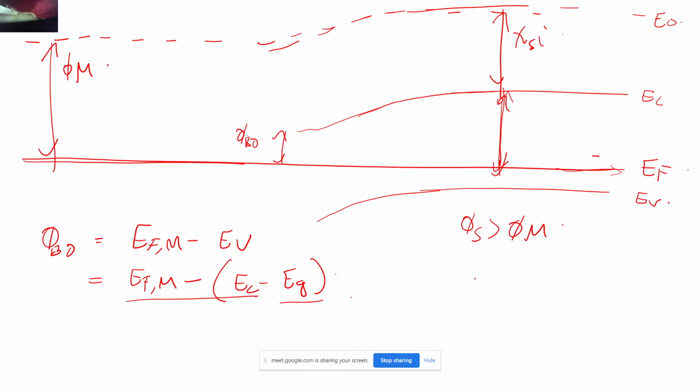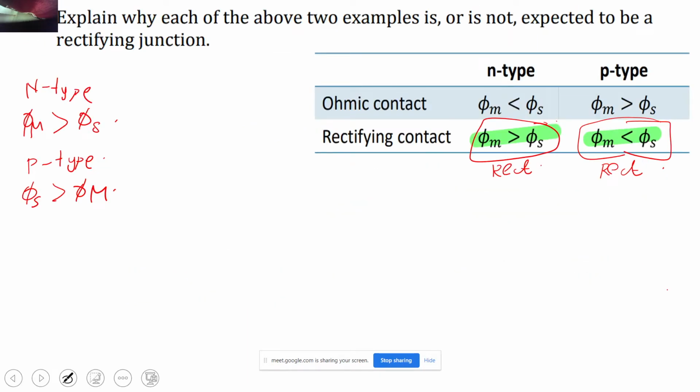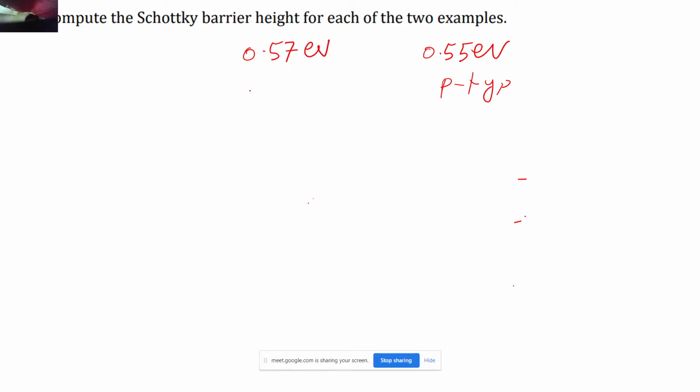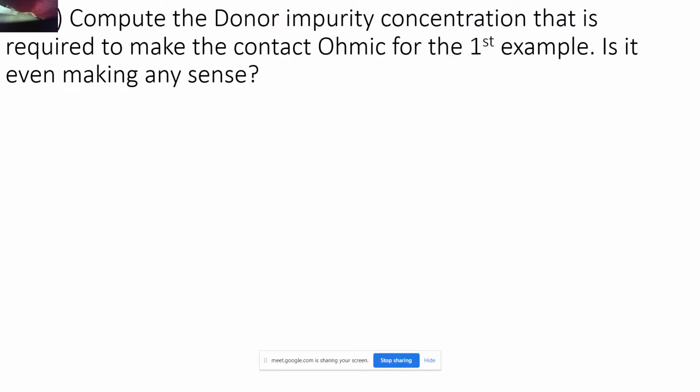So if you calculate, then the phi BO value will come out to be 0.55 electron volts. So in one case it's 0.55 electron volts for p type and 0.57 electron volts for n type, correct? So now this question is over.